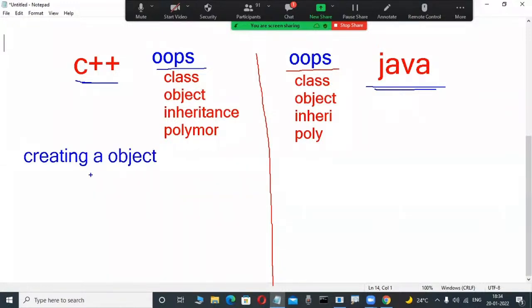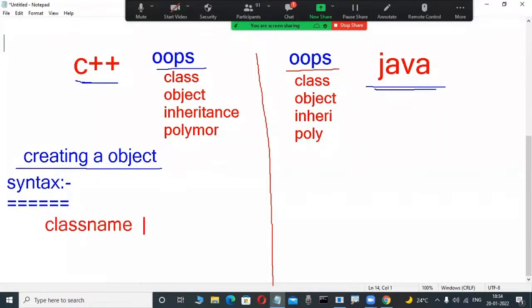In C++, the syntax is class name, space, object name. This is the syntax to create an object from the class in C++.